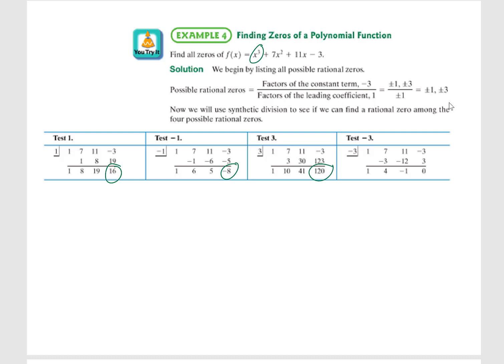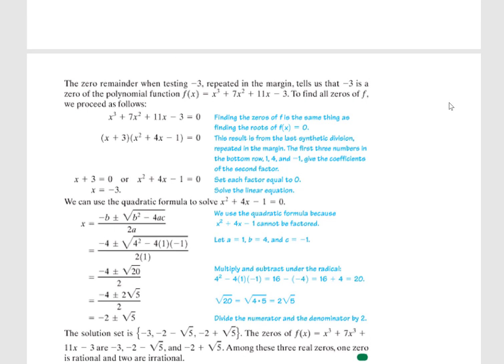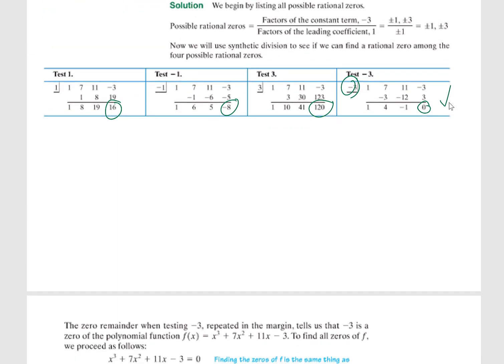So I knew that 1, -1, +3 were not solutions, but here I do. So I know that -3 is one of my roots. So then they took -3 out of the mix, right? So after they do synthetic division, this is what they have left. x squared plus 4x minus 1.